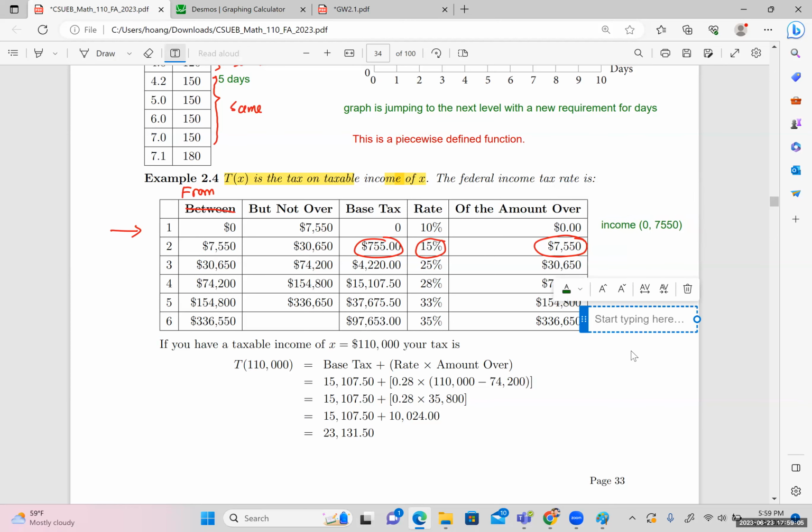And the last one is income from 336,550 and up to positive infinity. It is just for the people who have very high income, right?